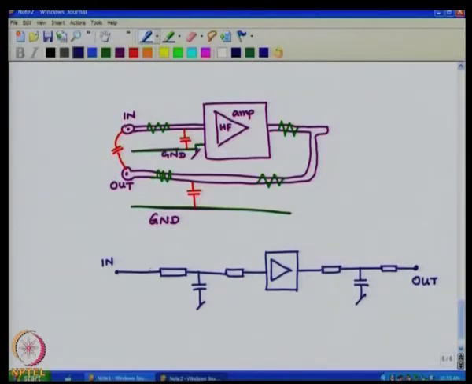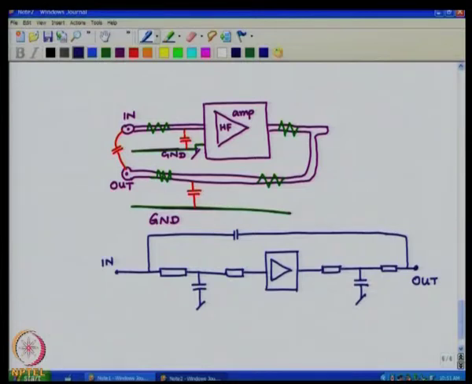Not only that, you also have a direct feed-through capacitance coming to the output, something like the Miller effect, a feedback kind of capacitance between the input and the output. This Miller effect can also be quite a disturbing thing in the functioning.